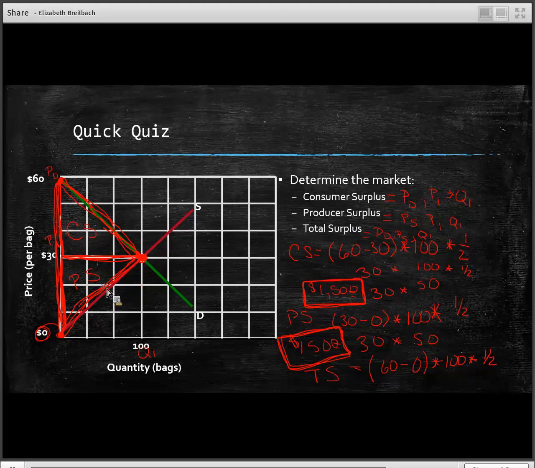So 60 times 50 is 3,000, and that represents our total surplus, $3,000.